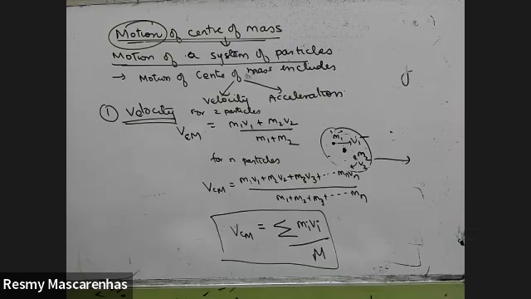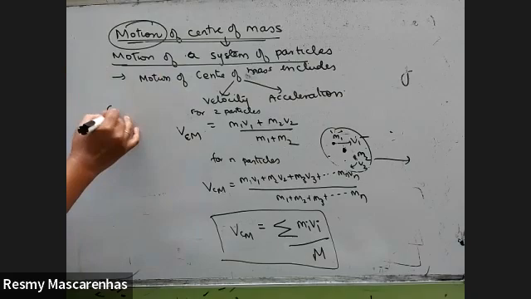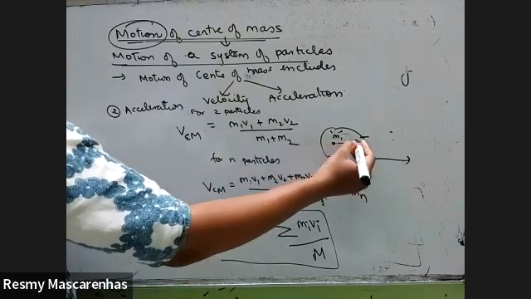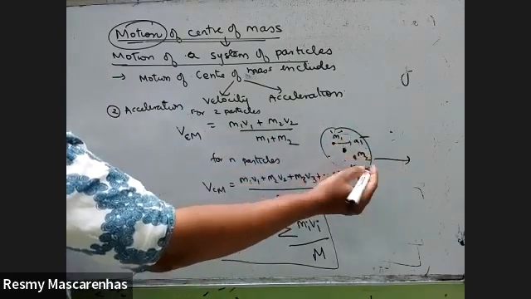What we did is for velocity. Now in the same way we'll see it for acceleration. Same thing, you just have to change the letter V to A. Now the second one is for acceleration. Consider that if m1 is moving with acceleration a1, m2 will have a different acceleration a2.